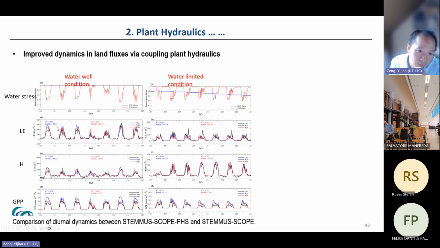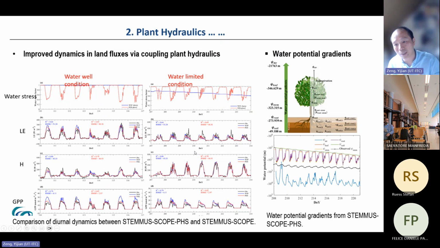We can also look at the time series. You can see the red curves are the plant hydraulics version, the blue curves are the original model, and you can see that the plant hydraulics version improved the estimation of latent heat flux and also the GPP quite a lot. Another thing is that with this plant hydraulics version, now we can simulate the water potential in the soil, in the root, in the stem, and the leaf individually.